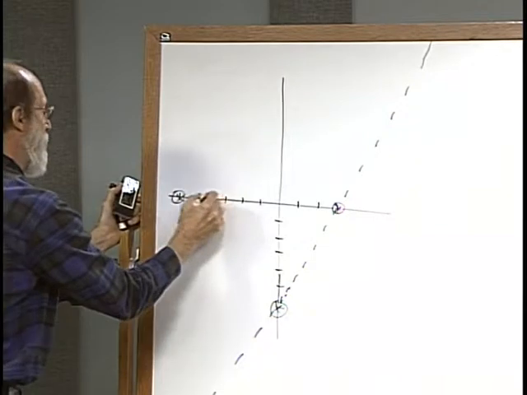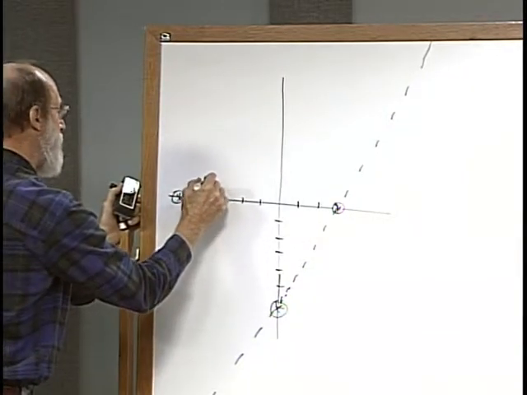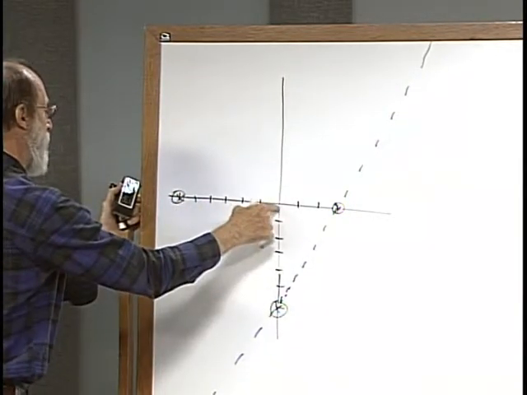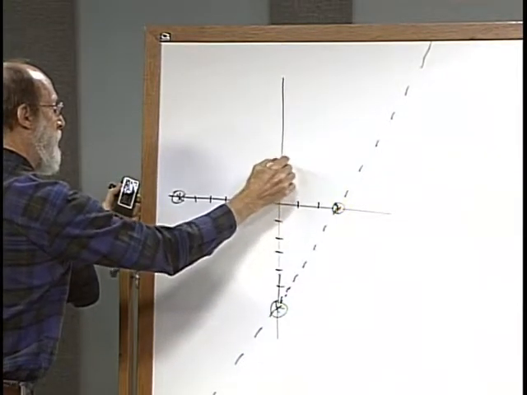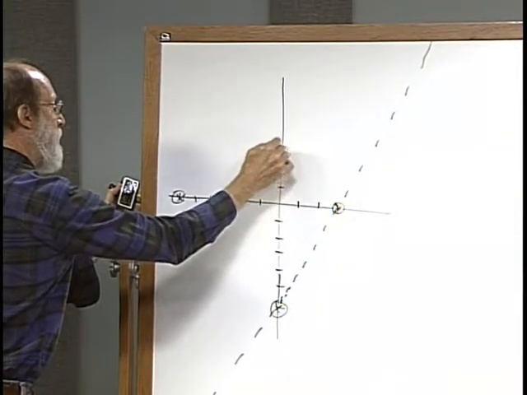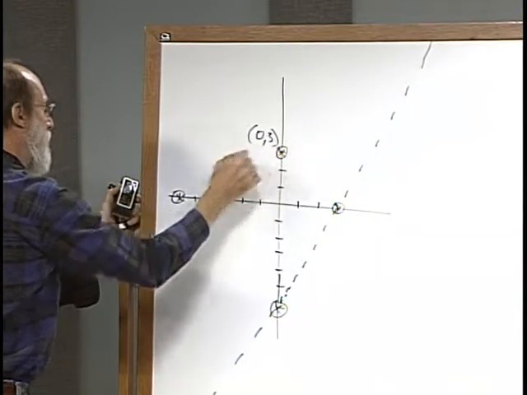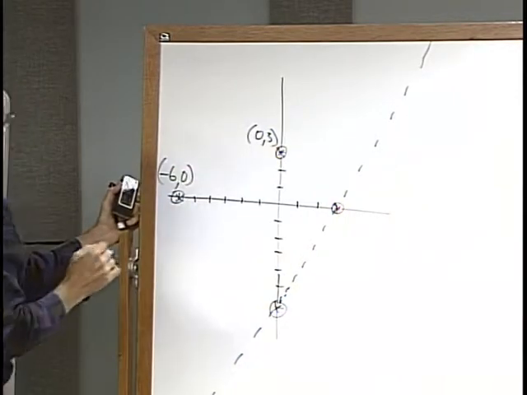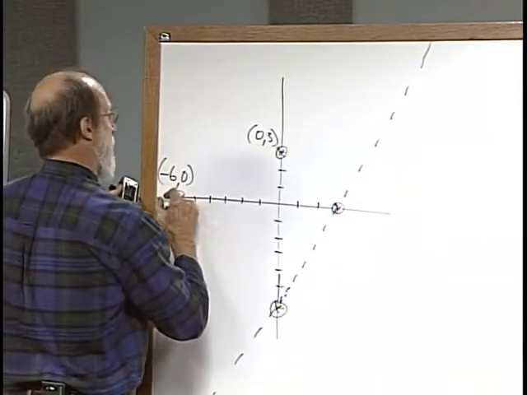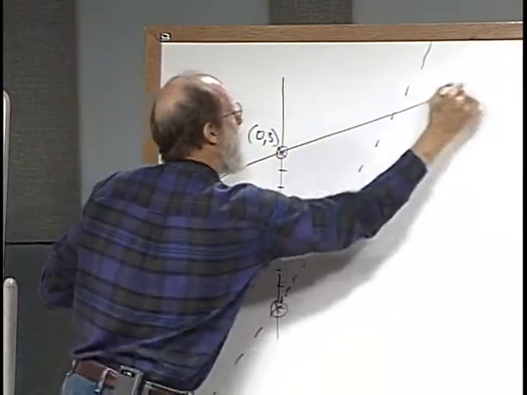And make it a slope of 1/2, which means it would have a y-intercept at 3. And an x-intercept over here at -6, 0. And so it's going to look like this, and I'm going to draw it solid.